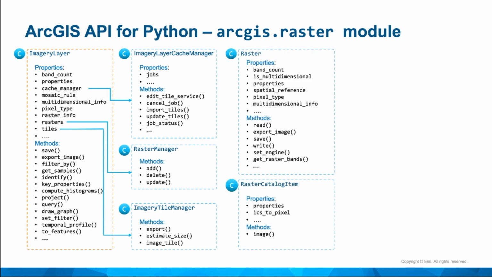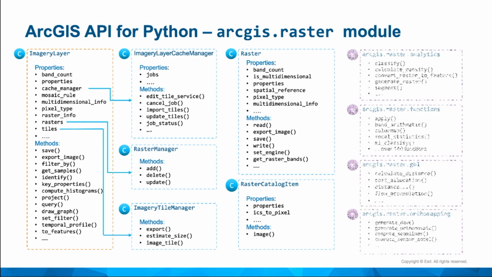A newer addition to the raster module in Python API at version 1.8 is a raster class. Raster objects here can work with both web-based imagery layers as well as local raster files. Thus, it provides you a unified API irrespective of where your data is stored.